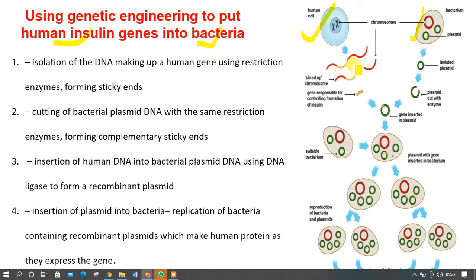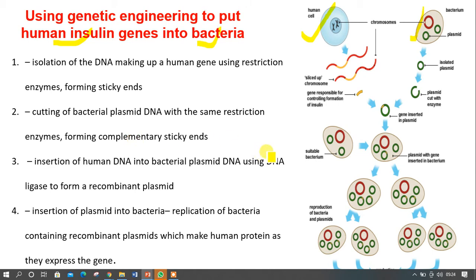First, isolation of DNA making up the human gene using restriction enzyme, and also forming sticky ends. So you isolate the DNA for making insulin, this human gene called insulin, using restriction enzyme from the human cell. Now, cutting of bacterial plasmid DNA: the bacterial plasmid is also cut out from the bacterium with the same restriction enzyme, forming complementary sticky ends.